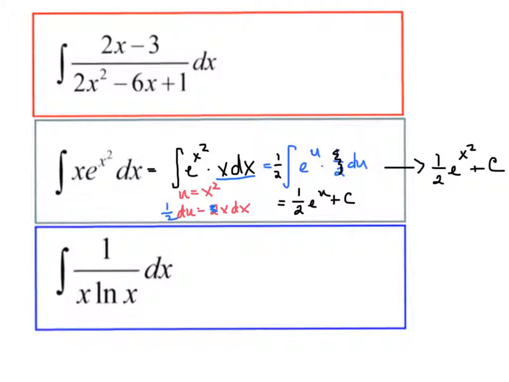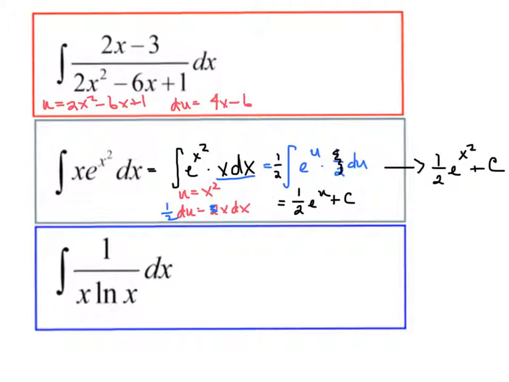This one looks a little bit tricky. But if you think about this, if I made u equal to the denominator, u equals 2x squared minus 6x plus 1, then du, the derivative, would be 4x minus 6.